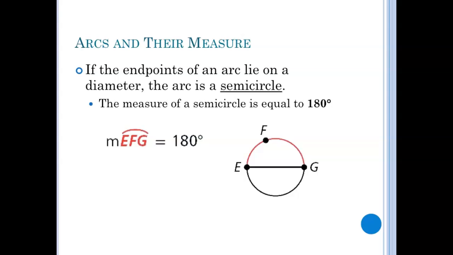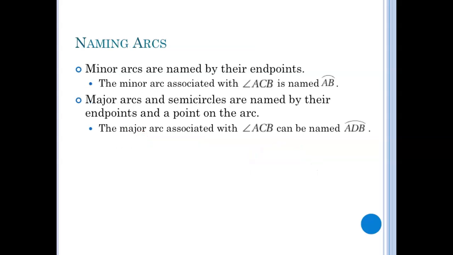Now in terms of naming arcs, we've already seen minor arcs and major arcs, and you may have noticed this already. But generally, we would say that the minor arc that's associated with that angle ACB, we would call arc AB, whereas major arcs and semicircles are generally named by their endpoints and a point that's on the arc. So you'll usually use 3 letters to indicate a major arc.